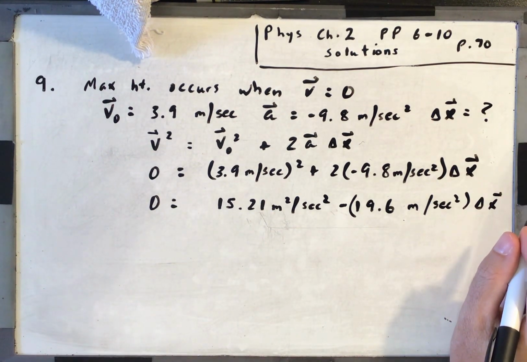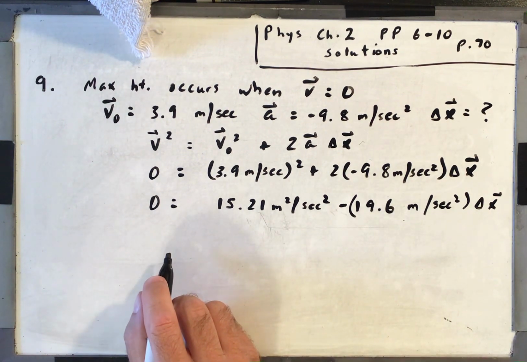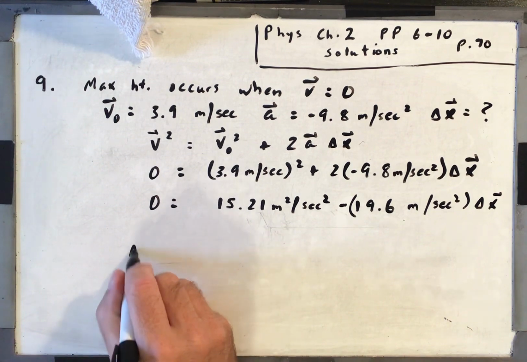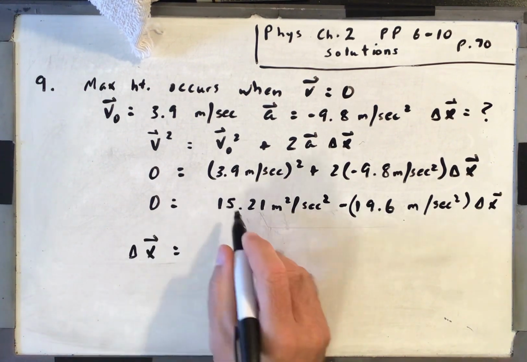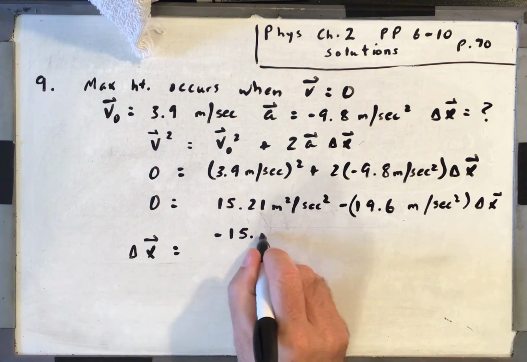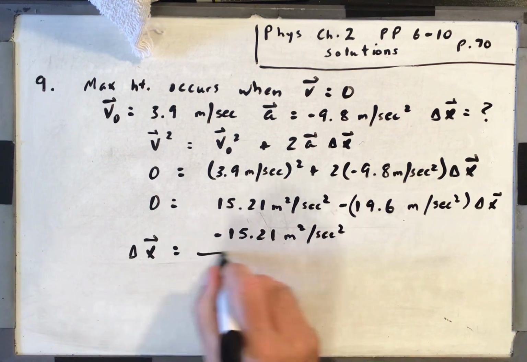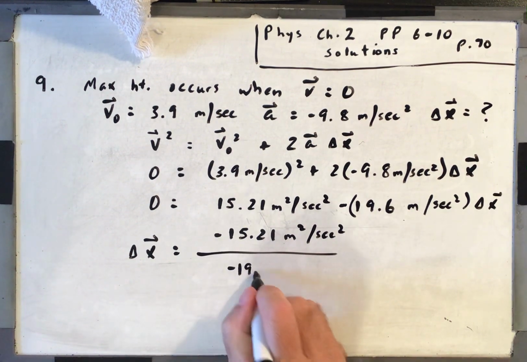All right, so if we solve for delta x, we'll move that 15.21 to the left and make it negative, and then divide that by negative 19.6.